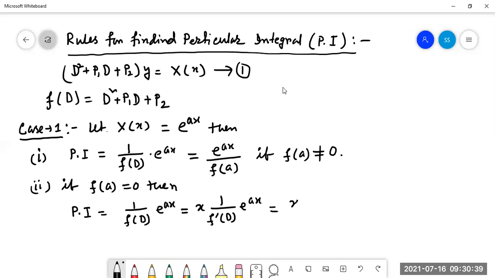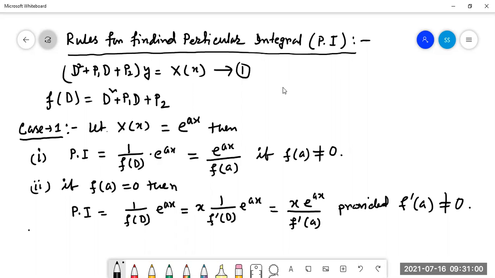Then it will be x e to the power ax by F dash a, provided F dash a is not equal to 0.